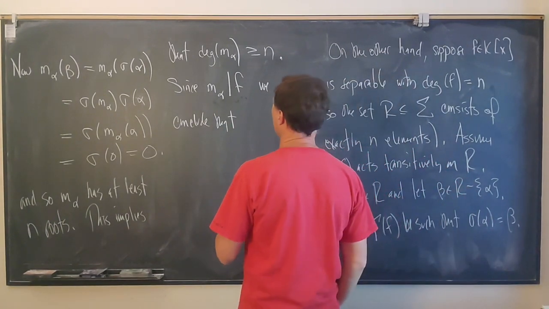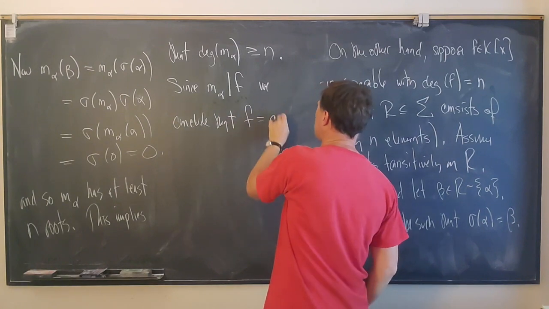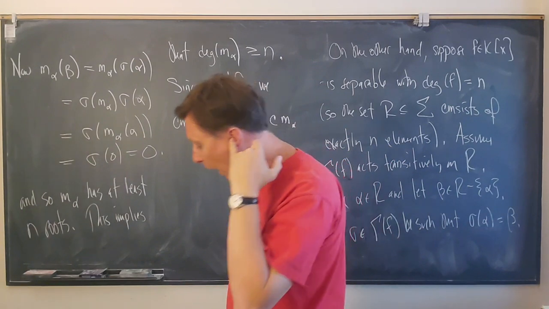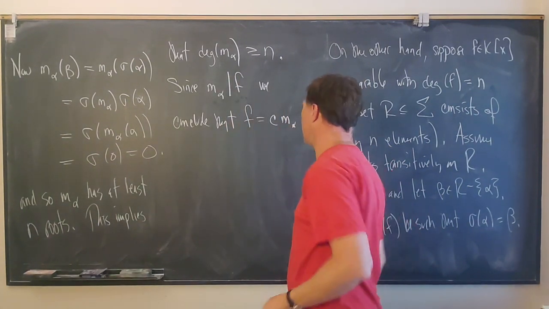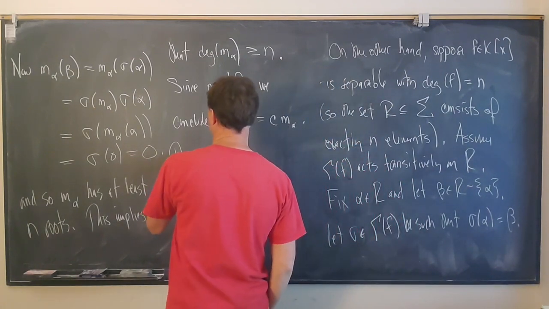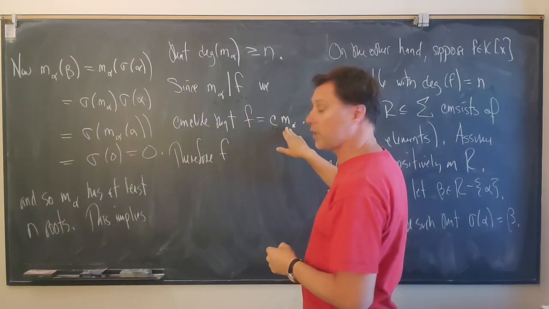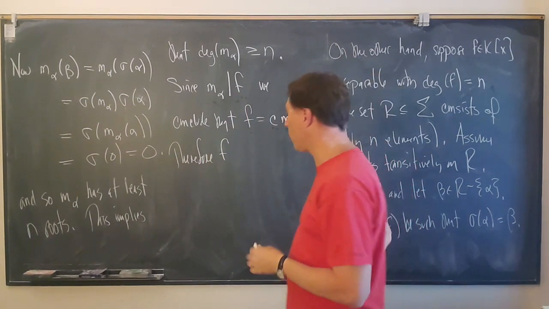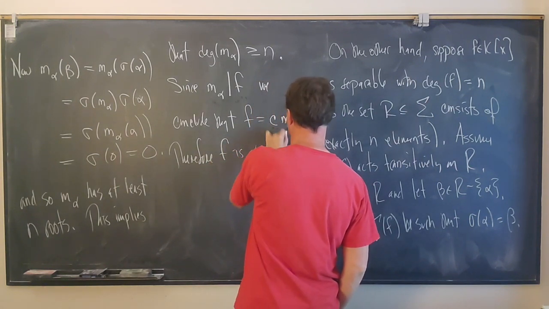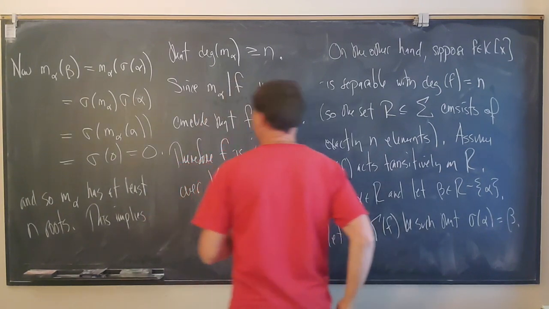So we conclude that f is equal to c times m_alpha, where c is just some constant in k. If f is a constant multiple of an irreducible polynomial, then it's got to be irreducible also. So therefore, f is irreducible over k. So what did we show?